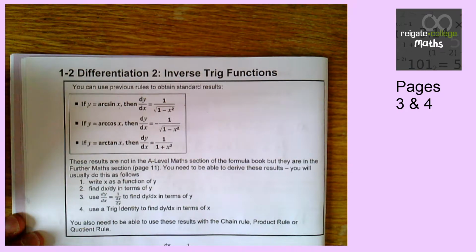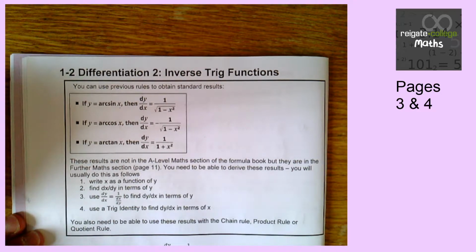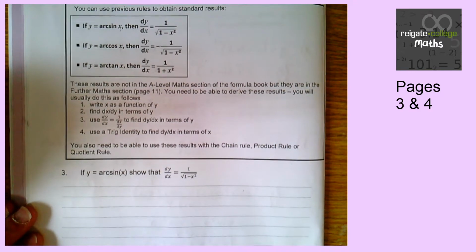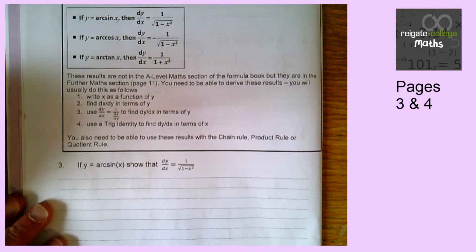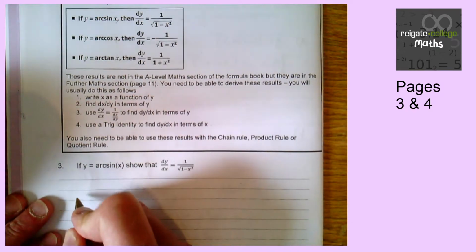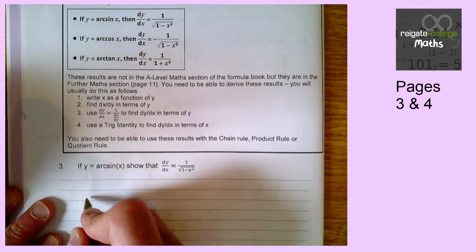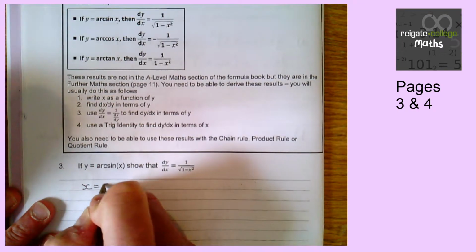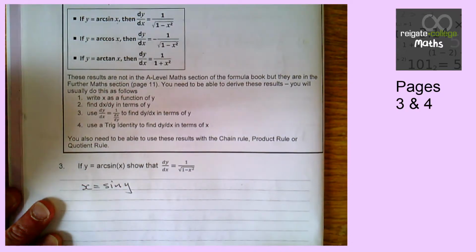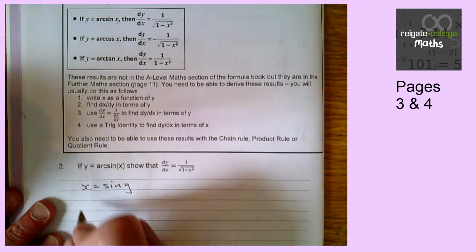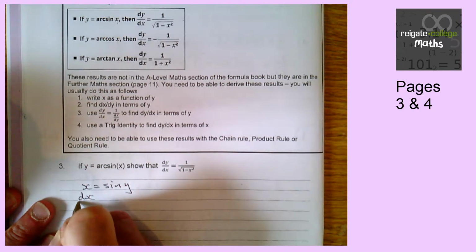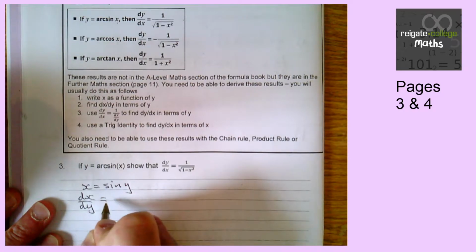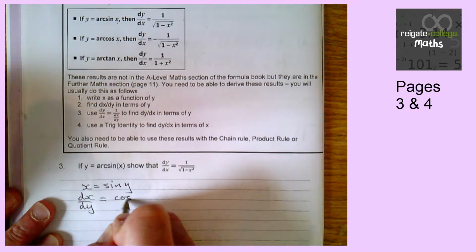So if I start with this example 3, if y is equal to arc sine of x, we've got to show this result. So y equals arc sine of x means that x is equal to sine of y. We know how to differentiate sine, so we can say dx over dy is equal to cos of y.